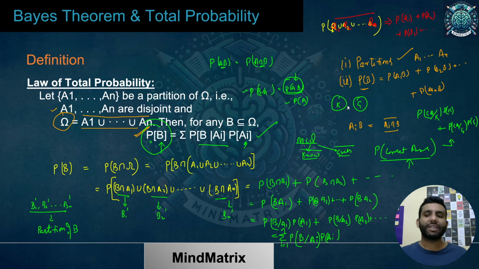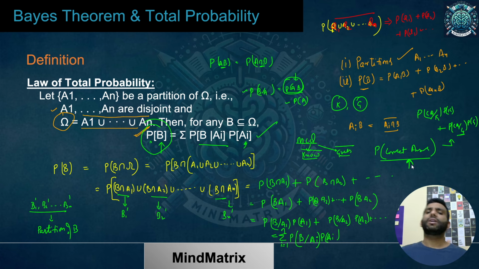This creates a partition, and on the basis of that, if you know the answer, the probability would be something. If you are guessing, then the probability of getting an answer correctly would be some value associated with it. And that's how you calculate the probability of getting a correct answer.